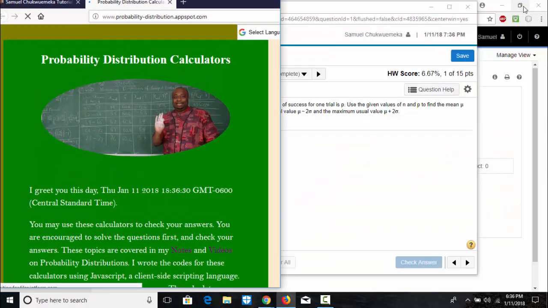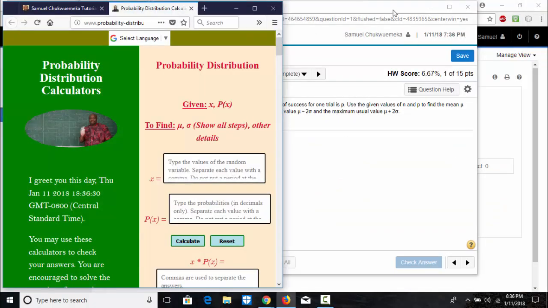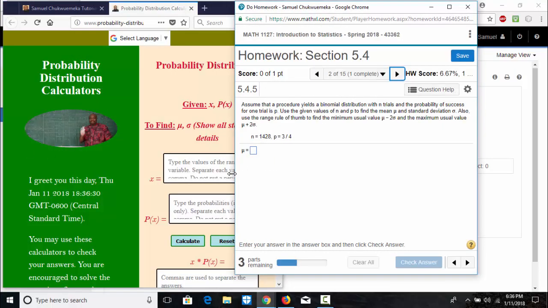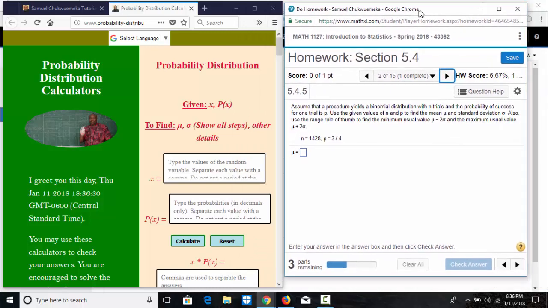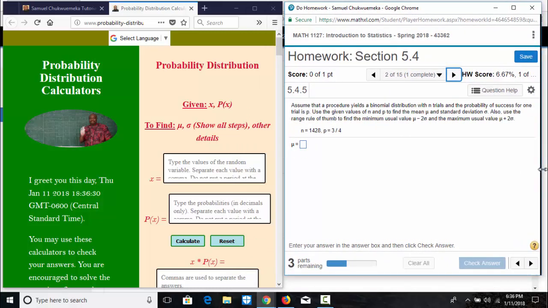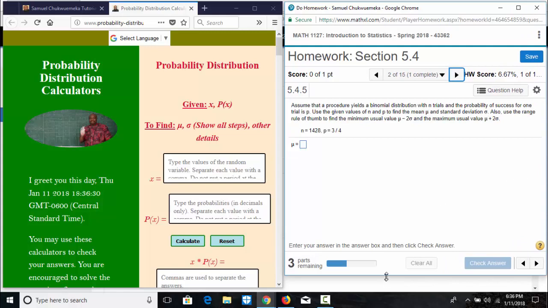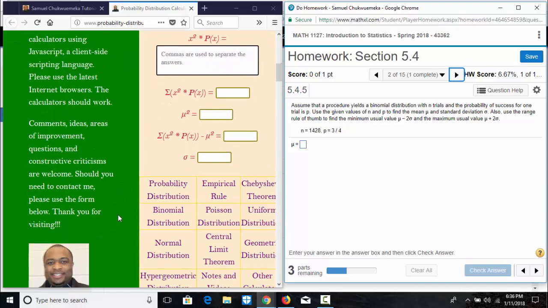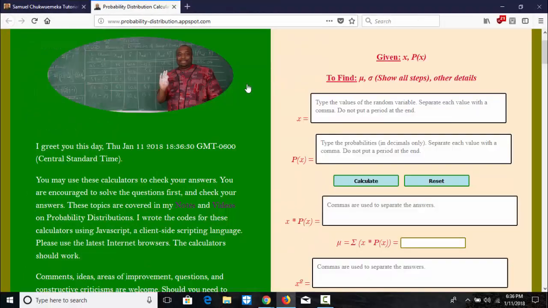So I'm going to put this in the same page with this. Okay, and I need binomial. Actually, let me maximize this first.